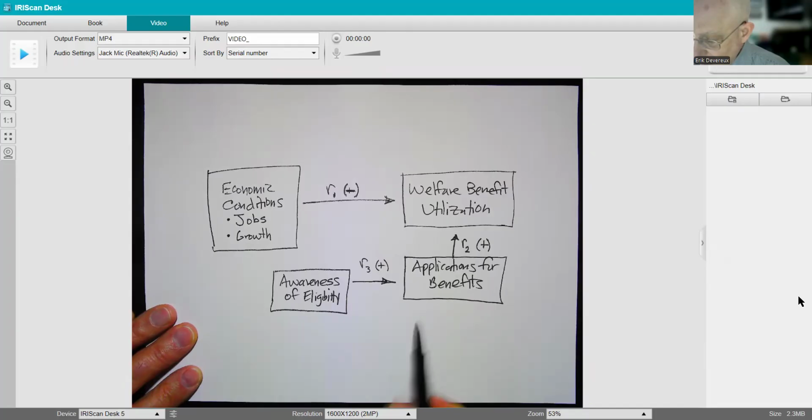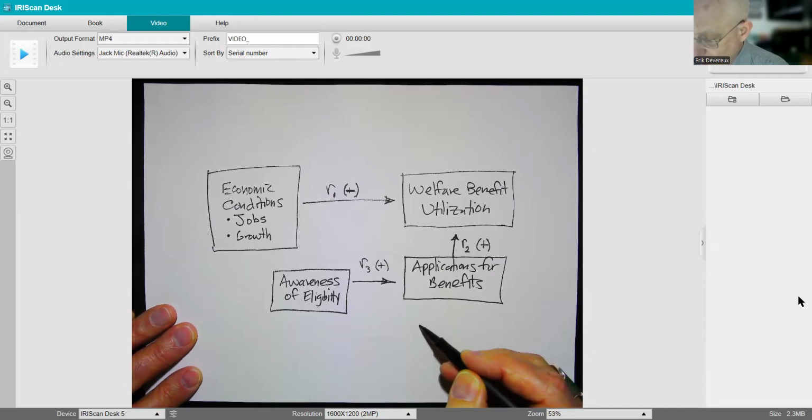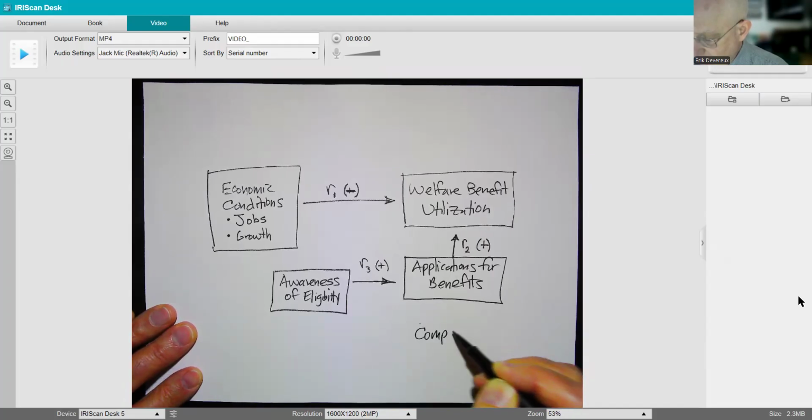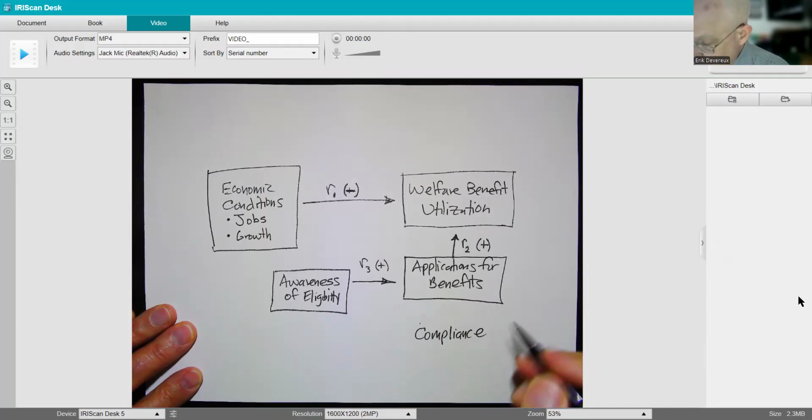But there can be something else that we can put in here, okay? Awareness of eligibility, but we can also put in compliance requirements. I'm not going to build out a fully detailed model here for you in the interest of time, but I'm just going to stop with this one.